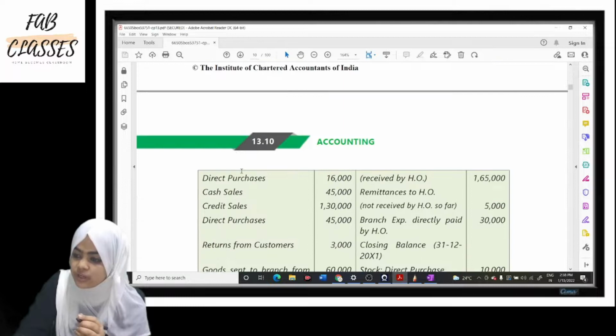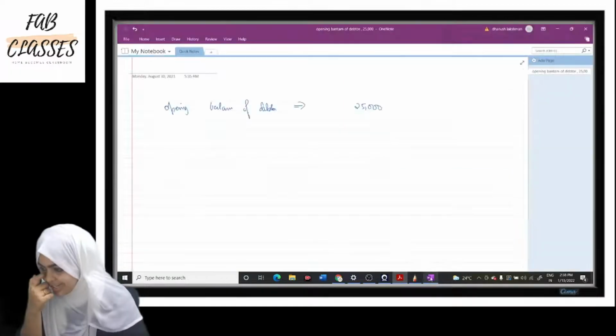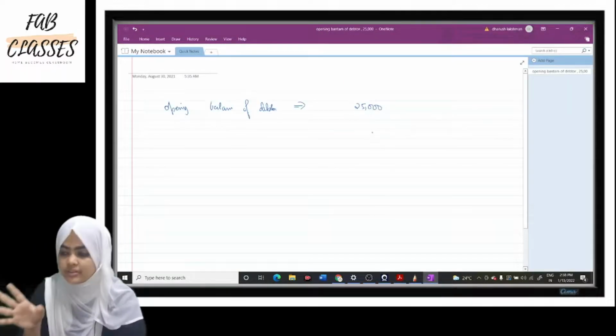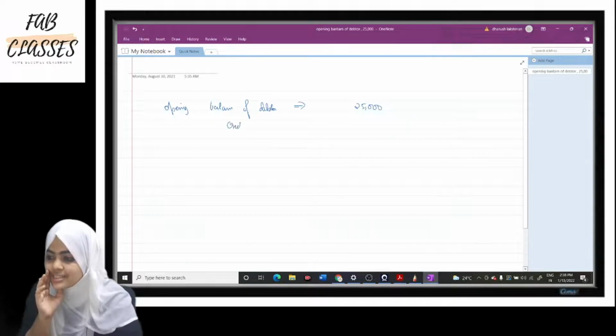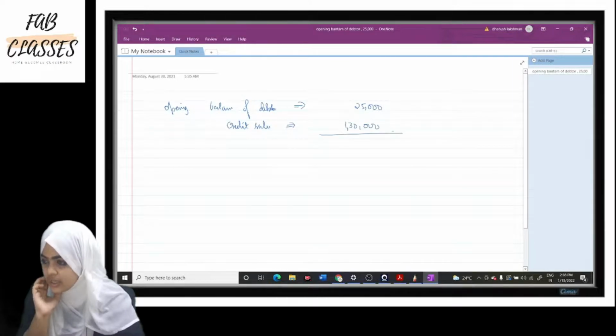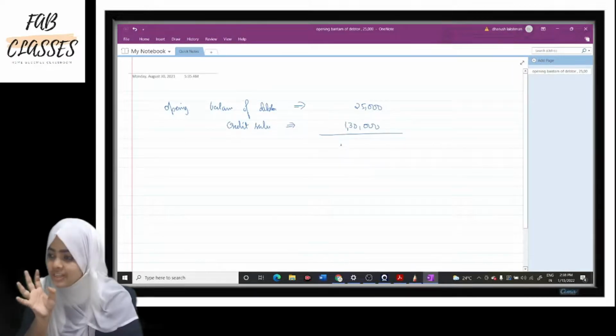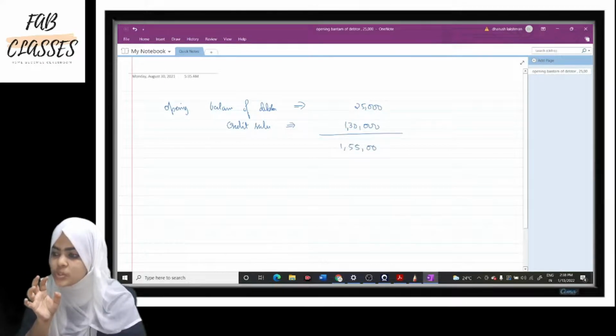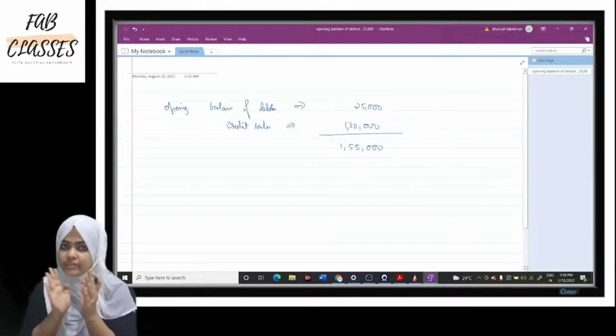Credit sales that occurred was 1,30,000, right? So already 25,000 worth debtors was there, and now credit sales occurred and debtors increased. So overall, 1,55,000 is the value of the debtors now.